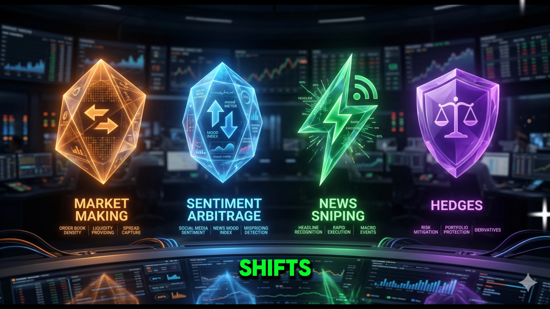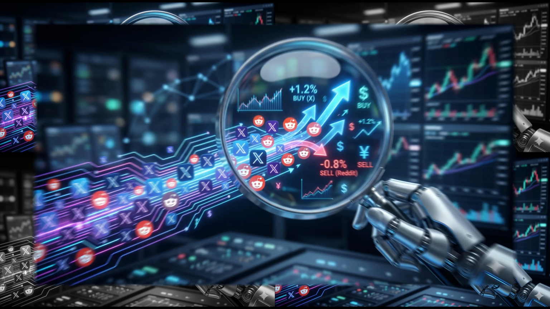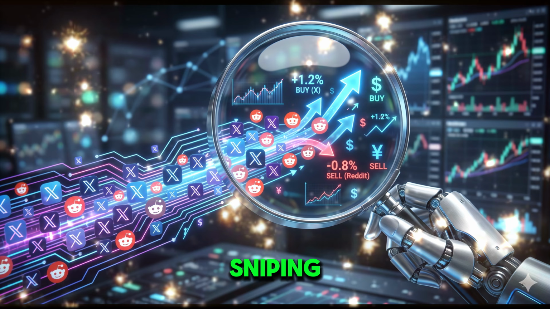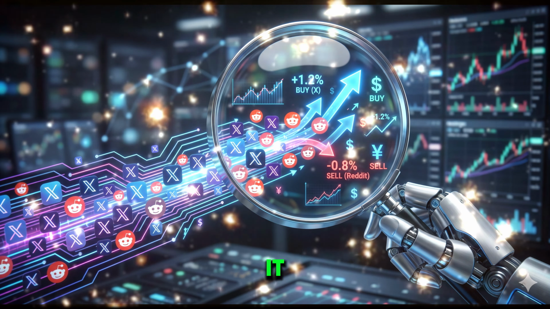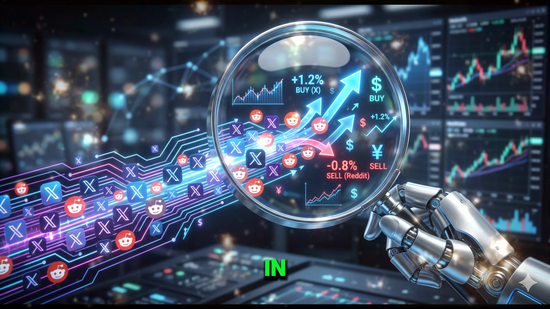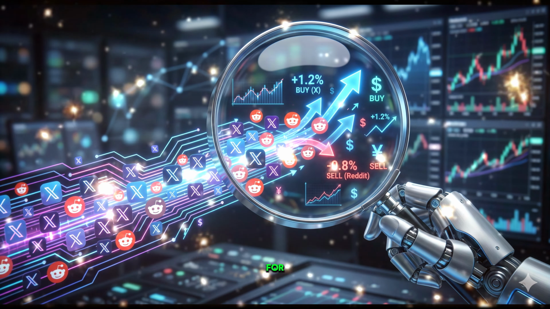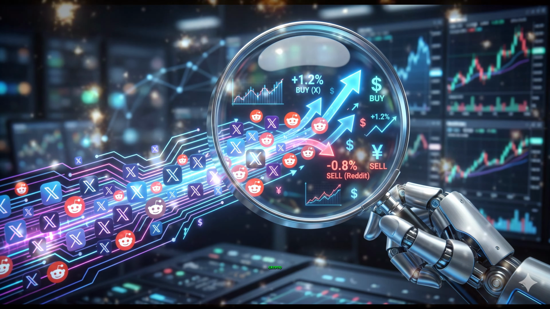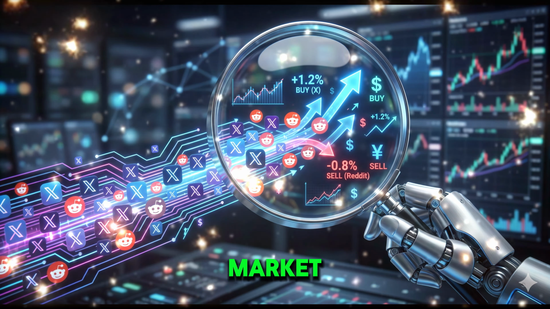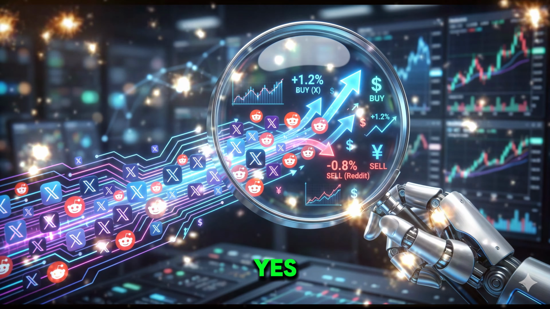If the mood shifts but the Polymarket price hasn't moved yet, it strikes. 3. News sniping. Using high-speed API feeds, it reacts to a Fed announcement in 40 milliseconds. And 4. Hedging. Using Polymarket to protect your other crypto bags. If the market goes down, your Polymarket yes on a crash pays for the loss.